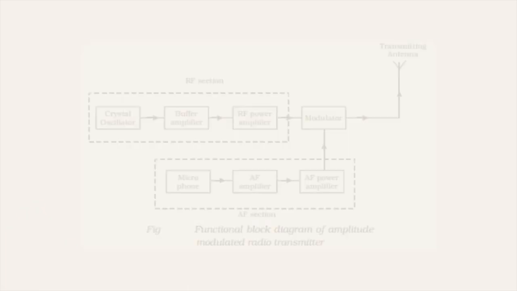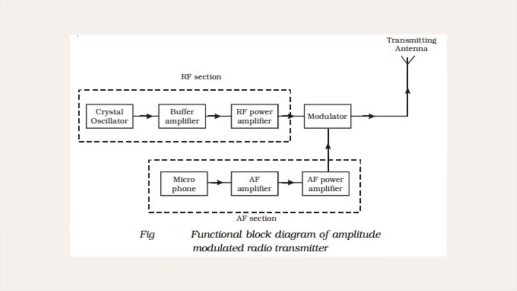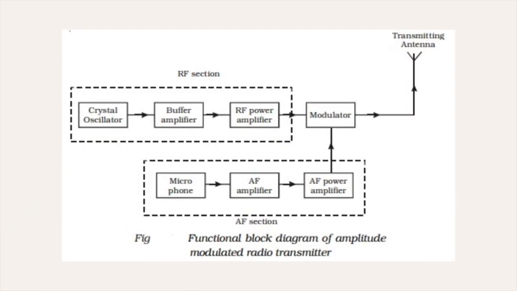The AF section of the transmitter generally generates the modulating wave or the signal. The conversion of sound energy into electrical energy is performed by the microphone. The electrical energy available from the microphone is very low. Hence, it is amplified through an amplifier.